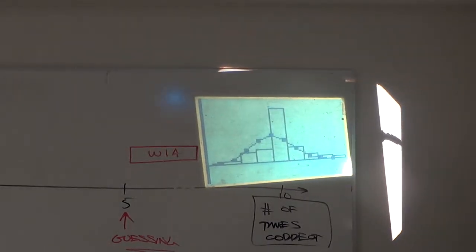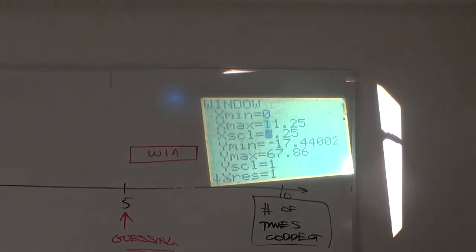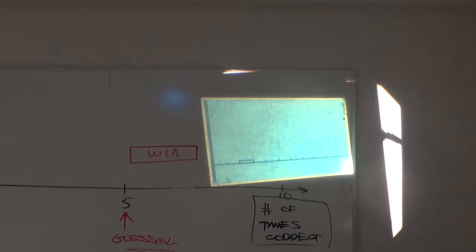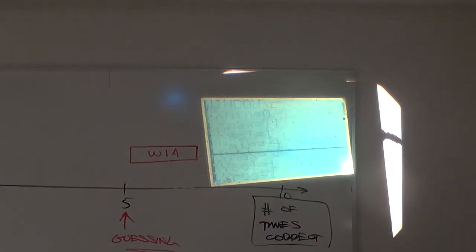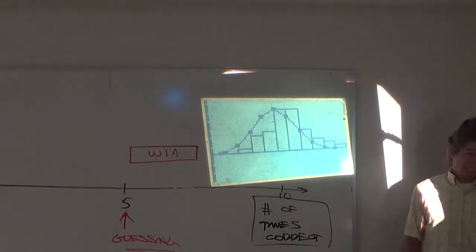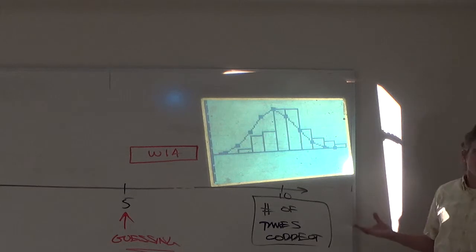I am going to change the window to make it a little bit better. I'm going to do a scale change to X scale of 1, X max of 11, just like before. 0, 1, 2, 3, up to now it looks like it should. Window, make that be like 35. Oh, that's beautiful. So what you see, if you were to fit a bell curve to our data here, it looks like a bell curve now, doesn't it?